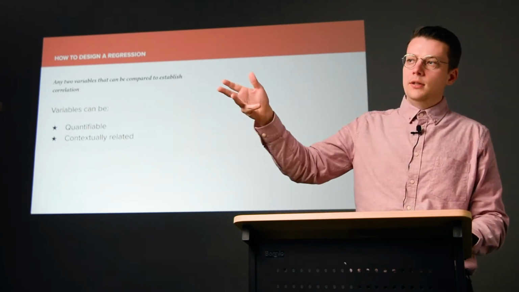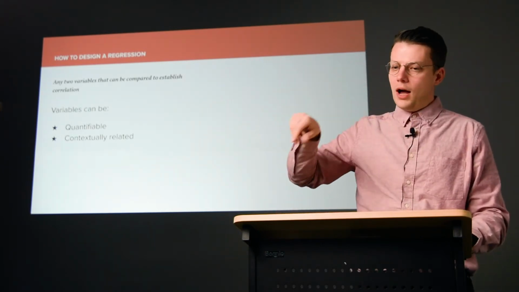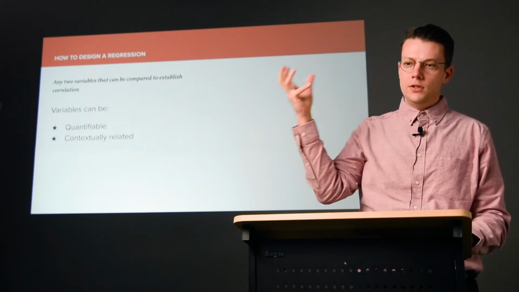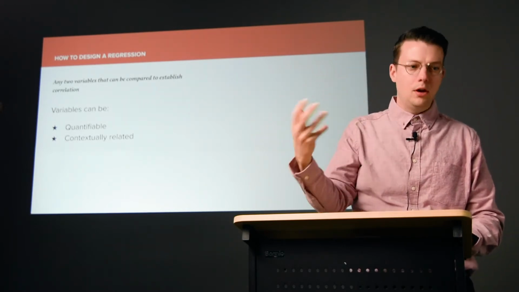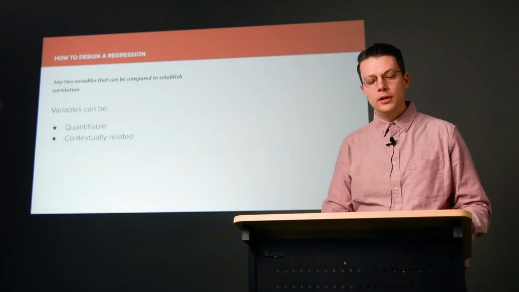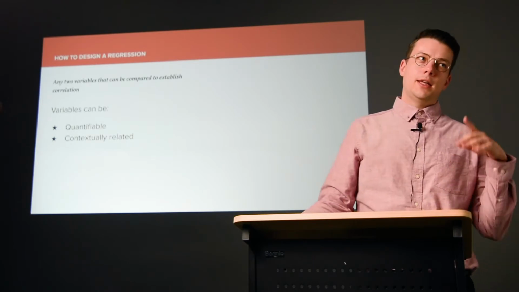On the other end of our x, y chart, there's another variable that is also quantitative data. So variables can be quantifiable and contextually related. You're not going to get any valuable data from what the weather's going to be like tomorrow if you're trying to guess how many tomatoes are going to be ripe in your garden tomorrow. That's not related to anything.